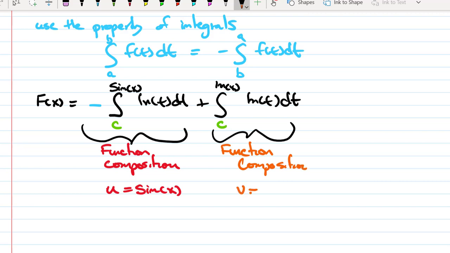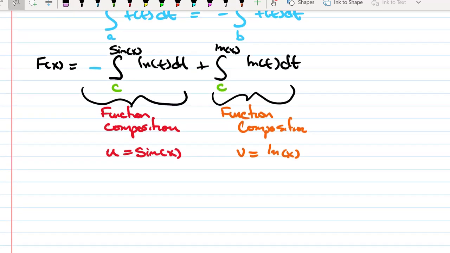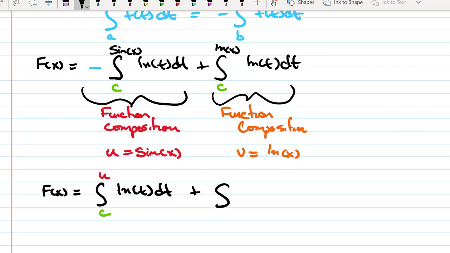And I'm not going to use u again, I'll use v, and my function composition is v is the natural logarithm of x. So then finally we end up with f of x is equal to the integral from c to now just u of ln of t dt plus the integral from c to v of ln of t dt.